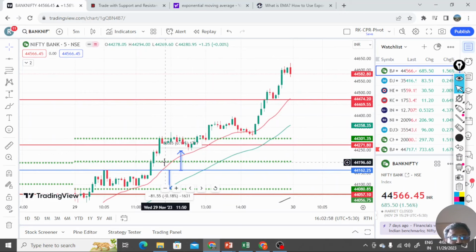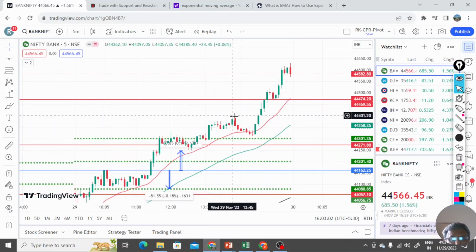So once we achieve a target, again we can wait until it comes back to the 20 EMA. You see this, it went down after, and it did not give a powerful bearish candle here. So the possibility is that it can go back up after this bullish candle. If you see, after this bullish candle, again it started moving up.